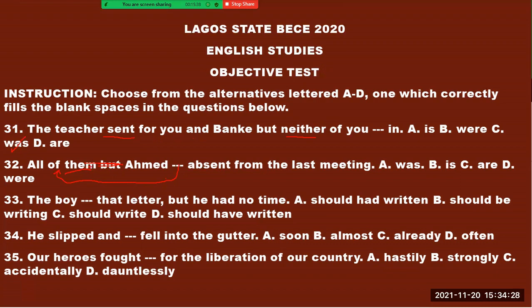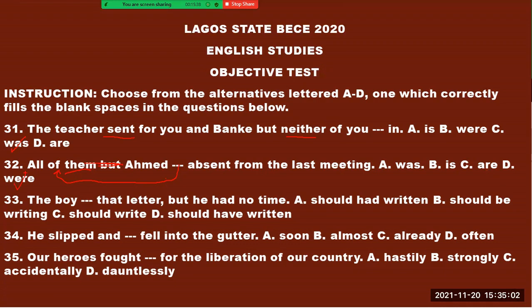So that's the correct interpretation. So the verb here must refer to all of them. And when we look at option A, you cannot say all of them was, you cannot say all of them is, and you cannot also say all of them are, because we are referring to a meeting. The last meeting was obviously a past event, so it must have a past tense, and that is what makes were the acceptable choice.